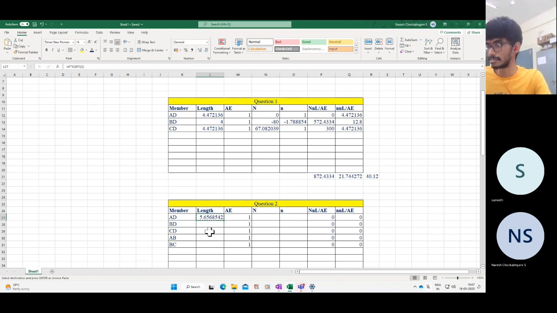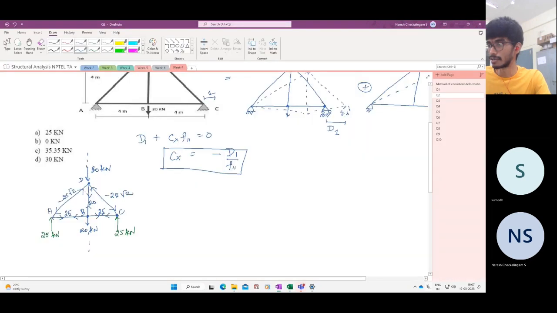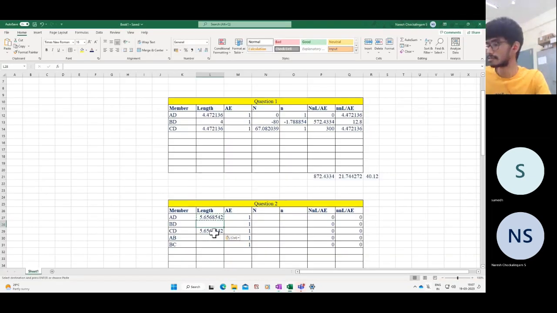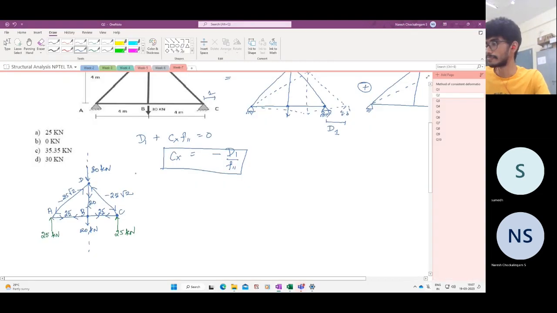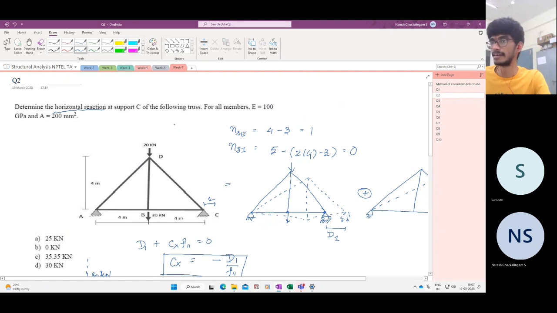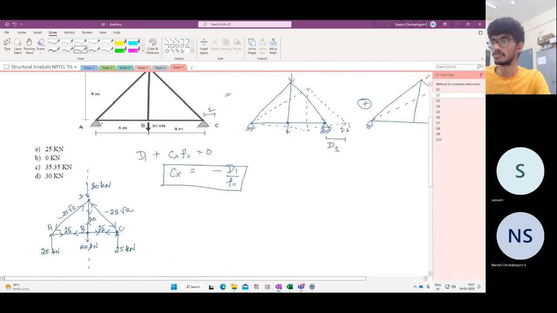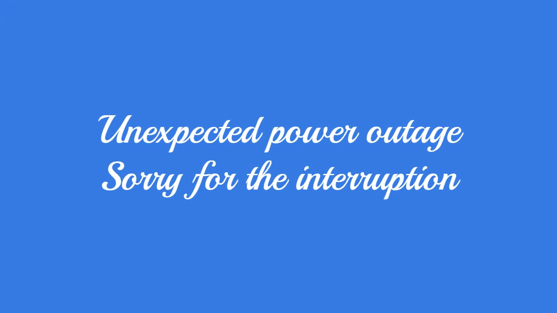DC is also of the same length. What is BD? BD is 4 meters. GC is 2 meters. Again, AE is constant for all the members. Whatever it is, if it is constant, it does not affect our results.